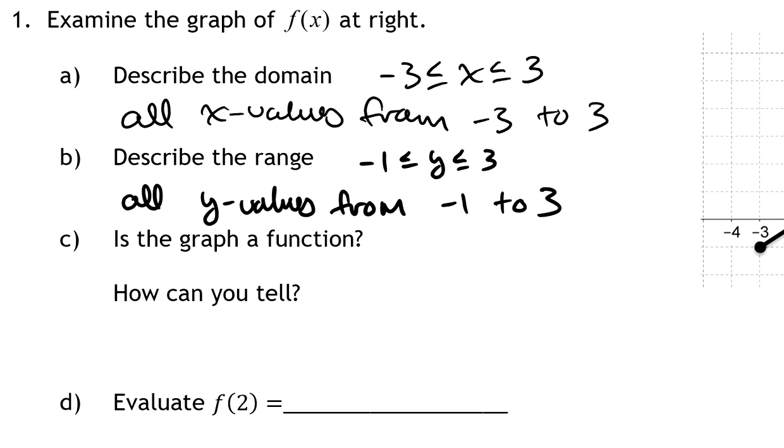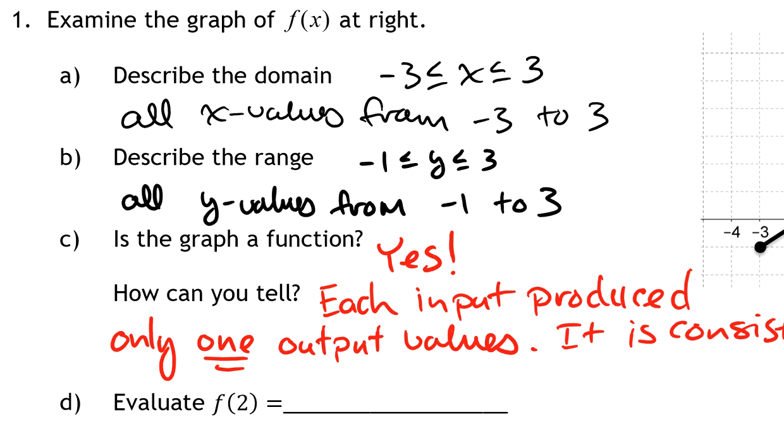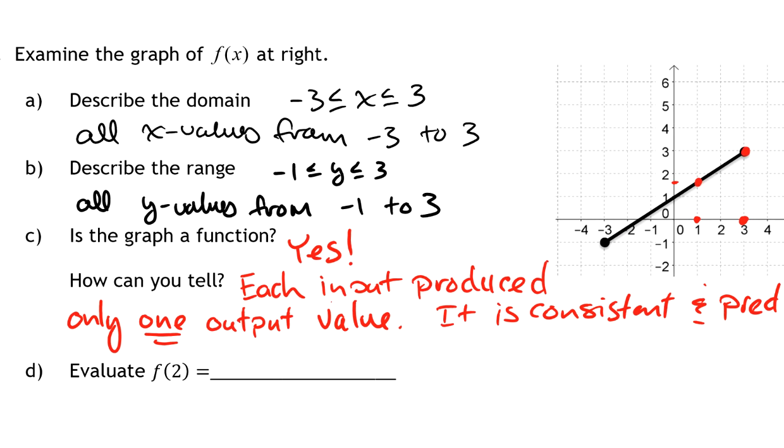Another thing you can say is that each input consistently and predictably produces the same output. So you can see I've said, yes, this is a function. Each input produced only one output value, V-A-L-U-E. And it is consistent and it is predictable.